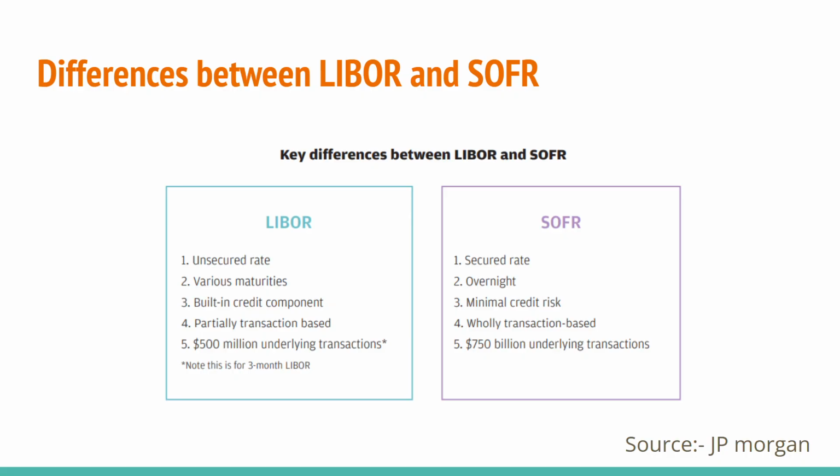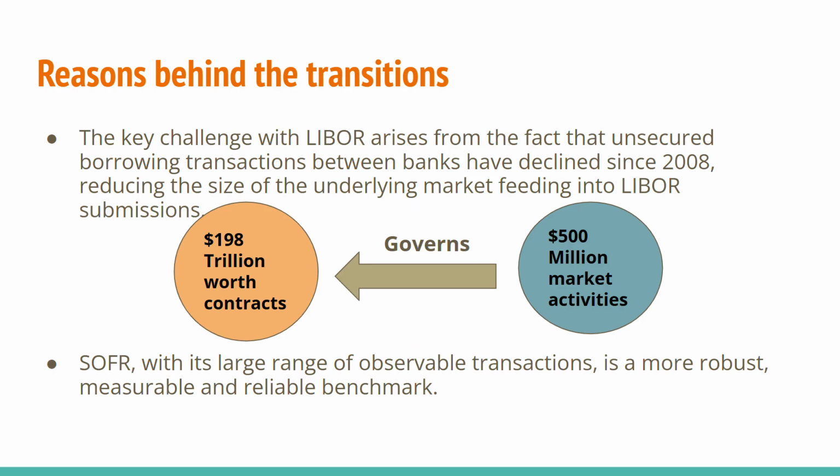But SOFR has 1 trillion of underlying transactions, okay? As I explained in this slide, this is the transaction that I was talking about, right? The 500 million market activities. So basically LIBOR was decided based on this much market activity.